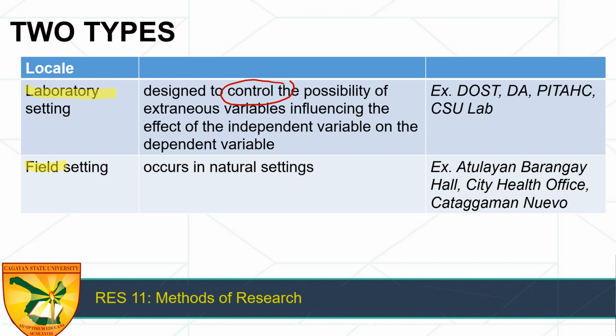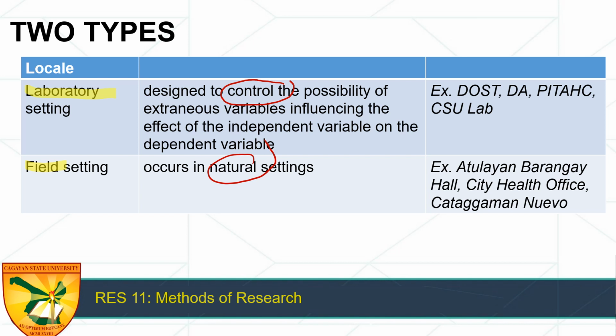On the other hand, field setting occurs in natural settings such as field experiments, participant observation in barangays or hospital wards, interviews at home or office, questionnaires sent to research subjects, and anything at all that does not occur in a controlled laboratory setting.